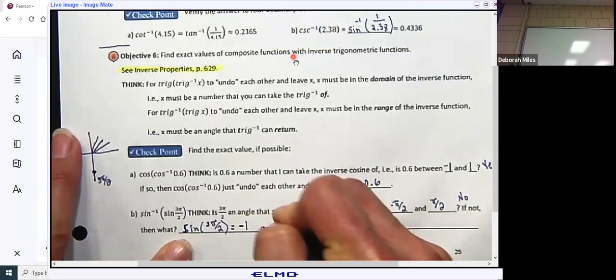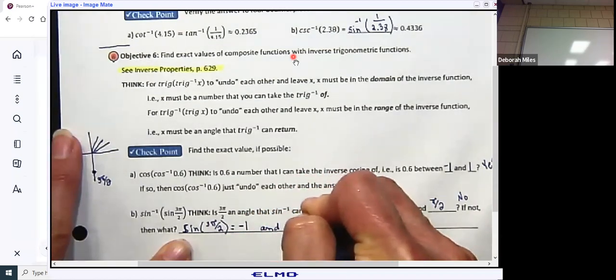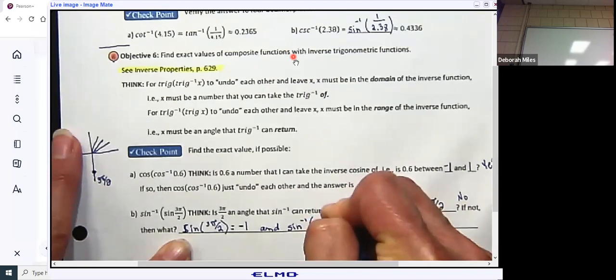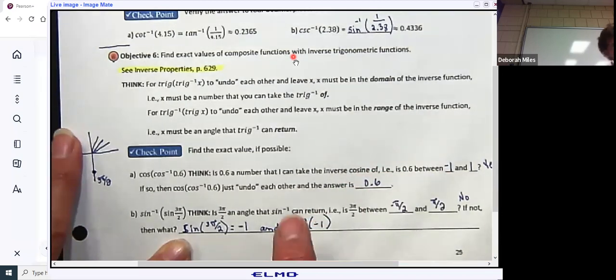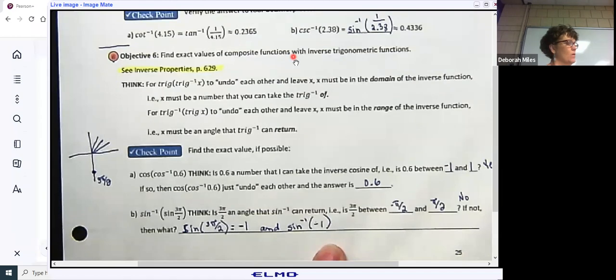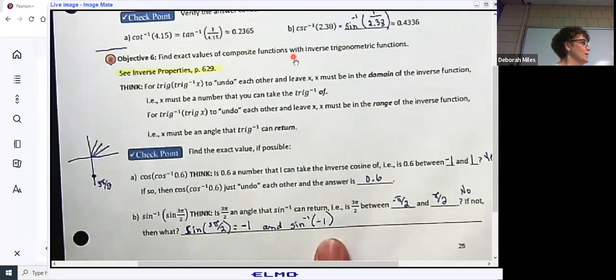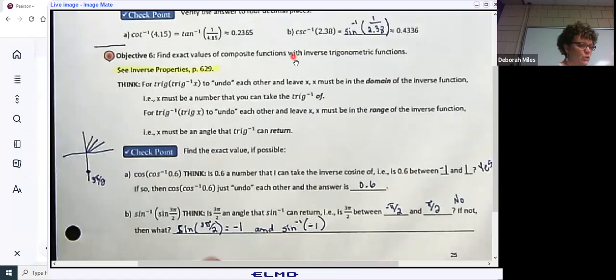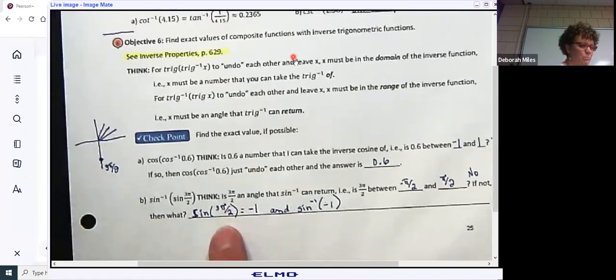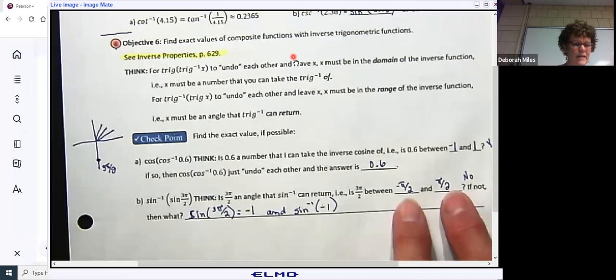Here's 3/2 pi. Sine is your y value. What is y right there? -1. So even though I can't say these undo each other and just leave me 3/2 pi, I can do part of the problem. Sine of 3/2 pi is -1. And then I can take inverse sine of that. What is the angle between -pi/2 and +pi/2 where sine is -1? This is one place that sine's -1, but it's just not the way we can write the answer to an inverse sine problem.